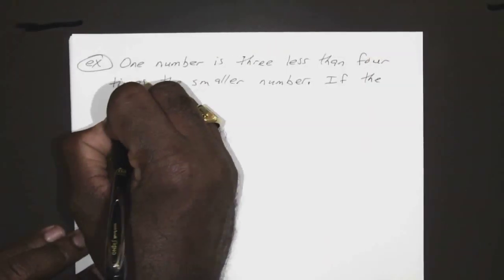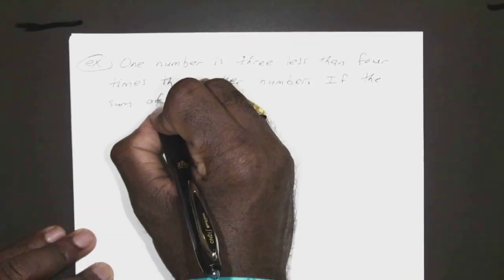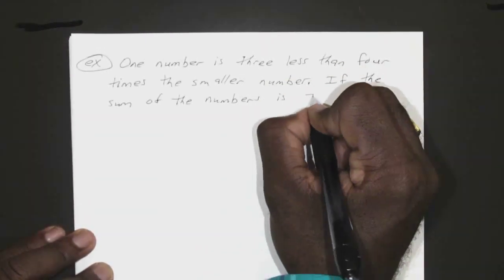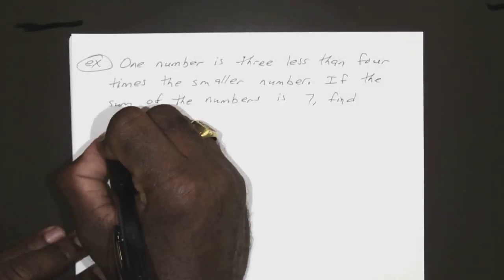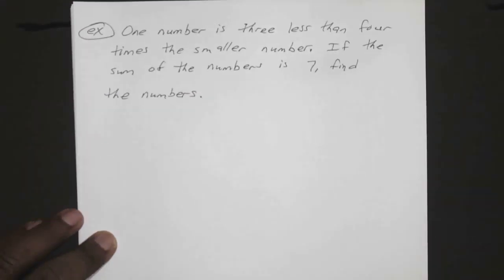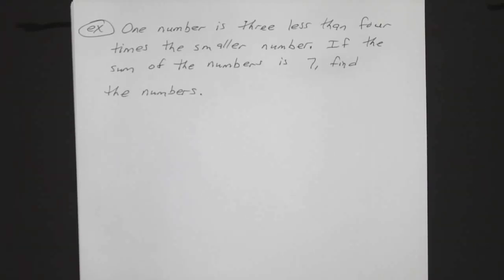If the sum of the numbers is 7, find the numbers. Okay, so we get that one when we just kind of break it down little by little.